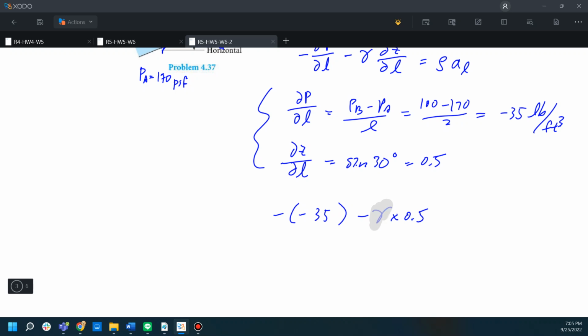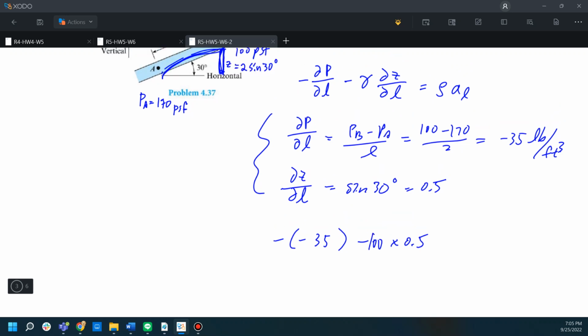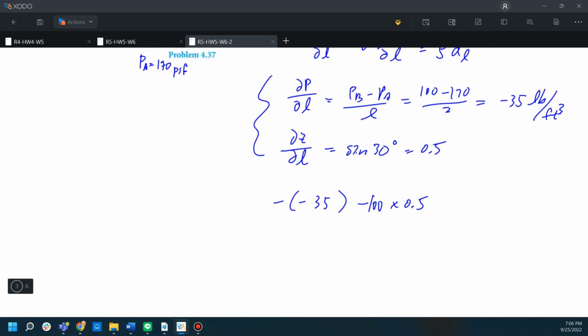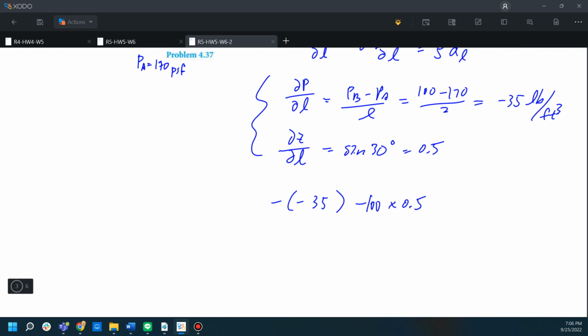And the gamma here is 100 because the problem tells us the specific weight is 100 pounds per cubic feet. Okay, and this will equal rho times a_L.